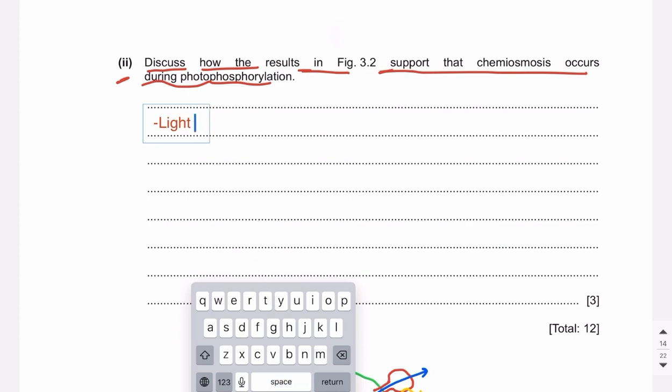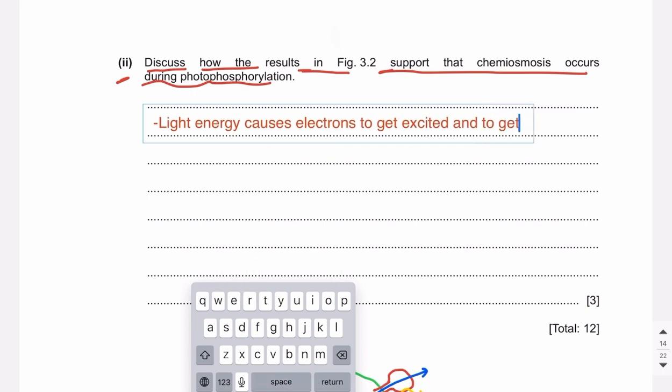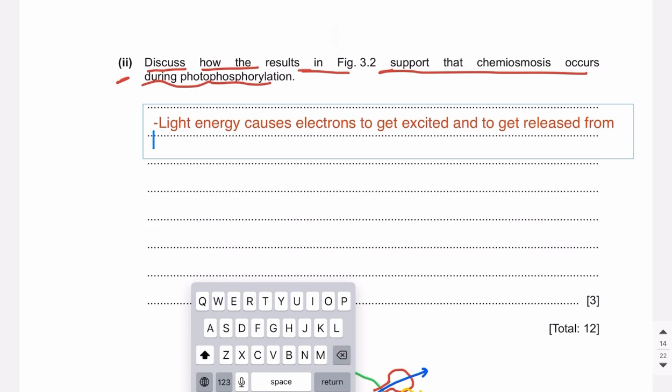Light energy causes electrons to get excited and to get released from the photosystems.